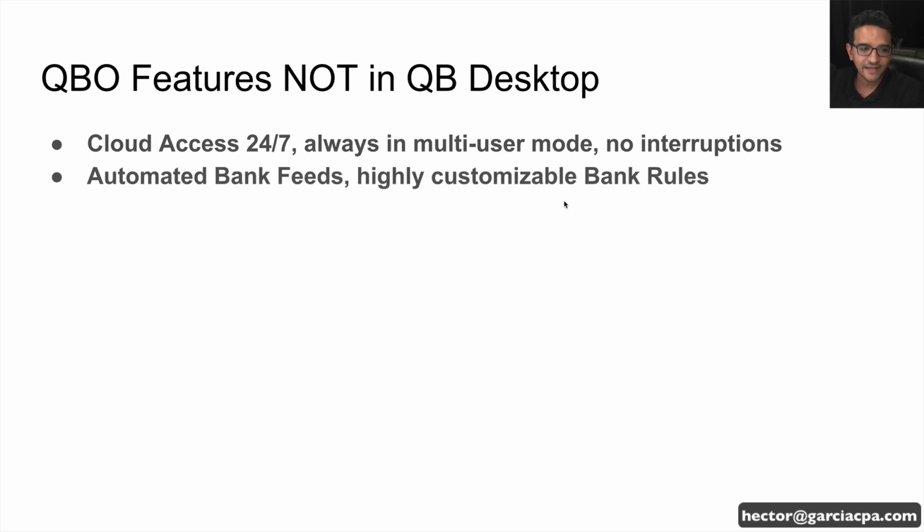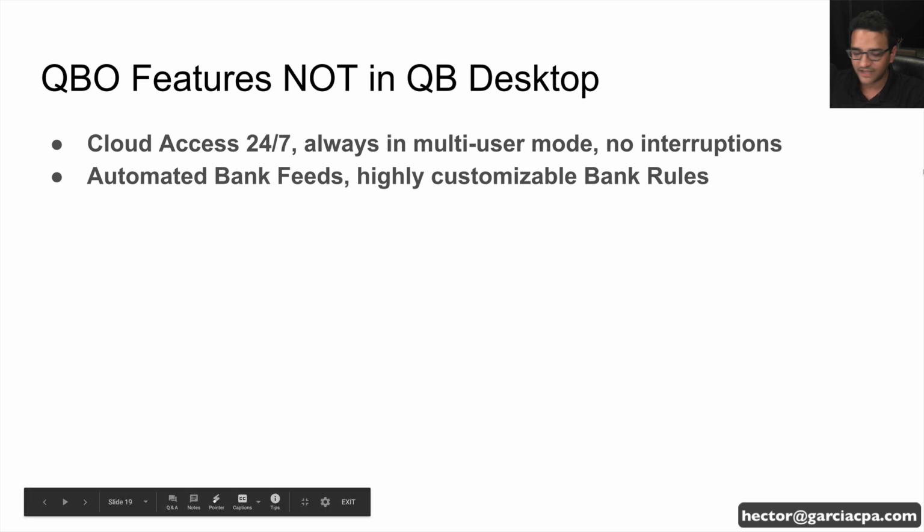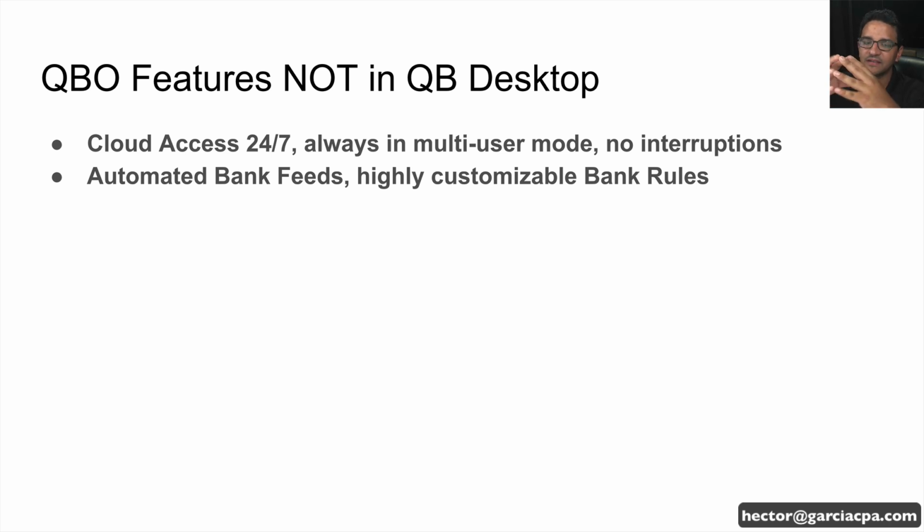Number two, automated bank feeds and highly customizable bank rules. One thing that QuickBooks Desktop has not been able to get close to feature-wise is QuickBooks Online bank feeds. If you have never used QuickBooks Online bank feeds, you will be mind blown, right? Once you learn how to use it, you'll be mind blown how great this feature is.